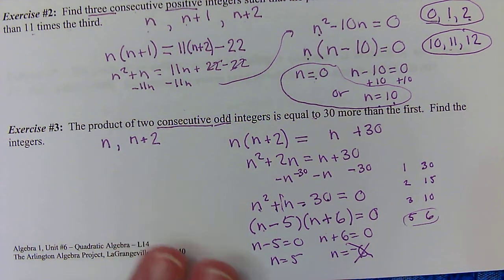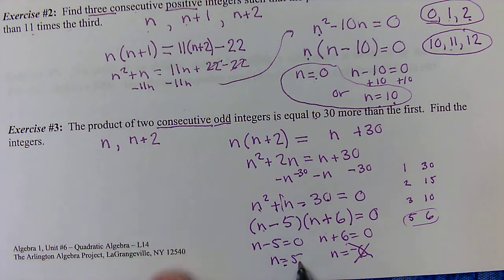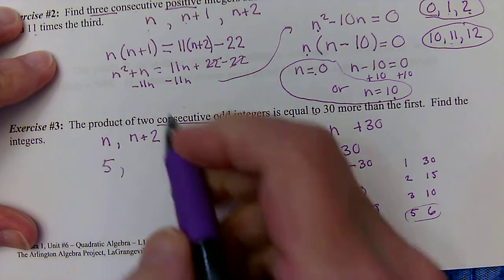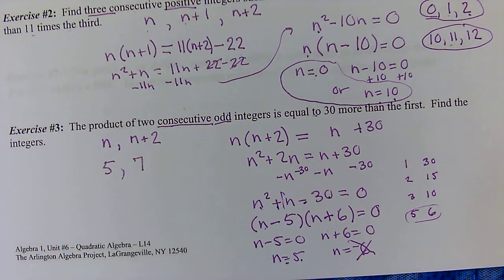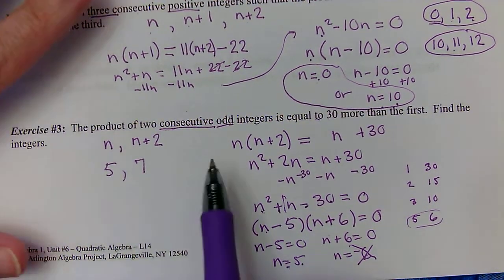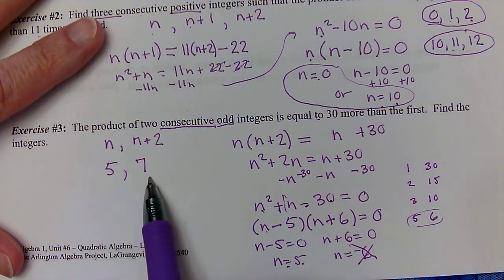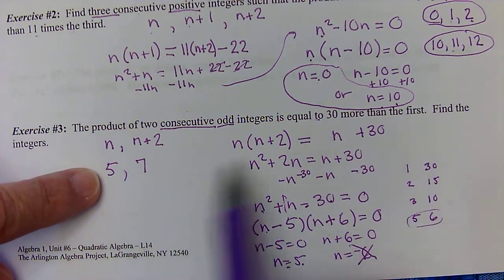So I disregard that solution. So the two consecutive odd integers, the first one would be 5, and then 5 plus 2 would give me 7. So if we check our problem, the product of these is 35, and that is 30 more than 5.